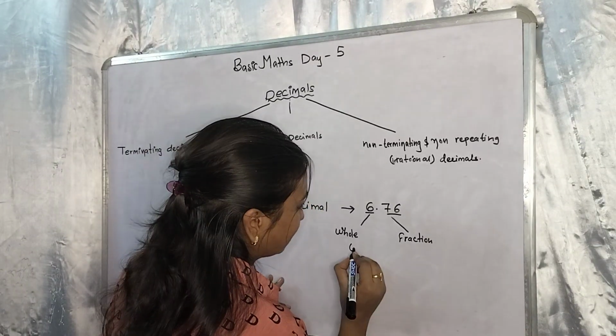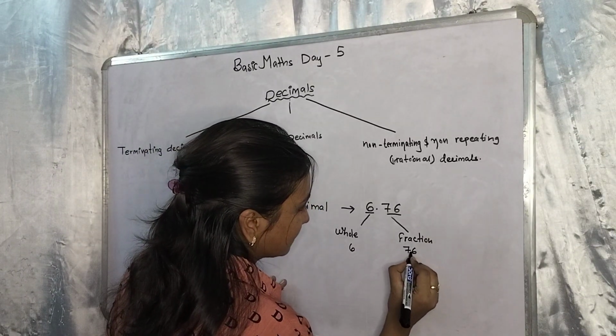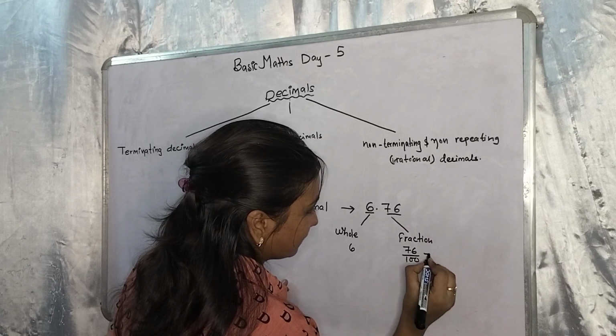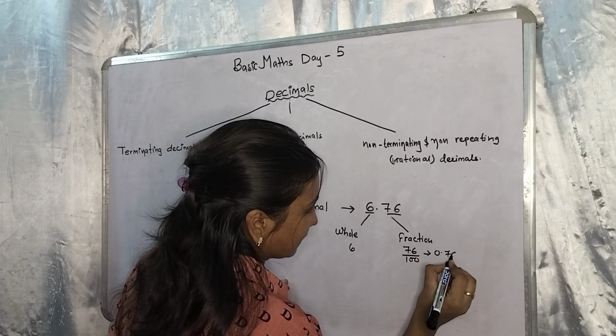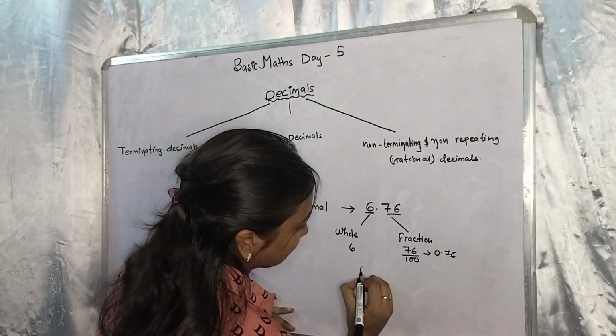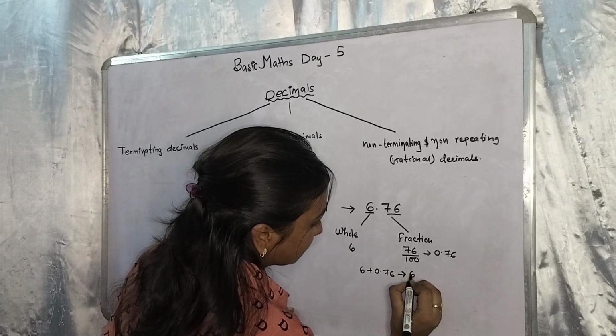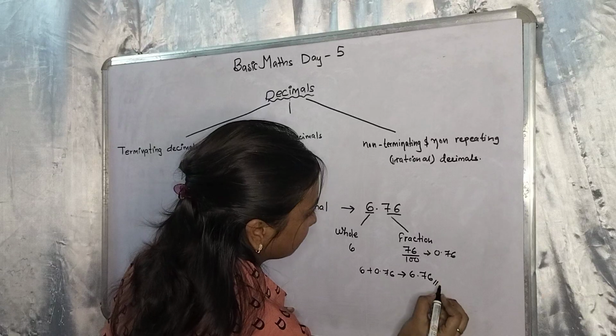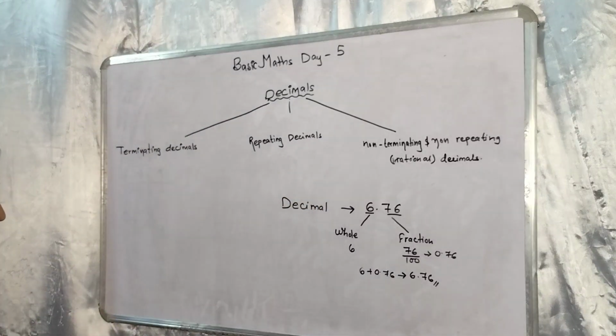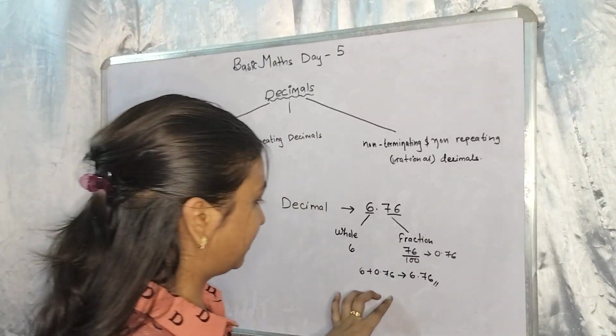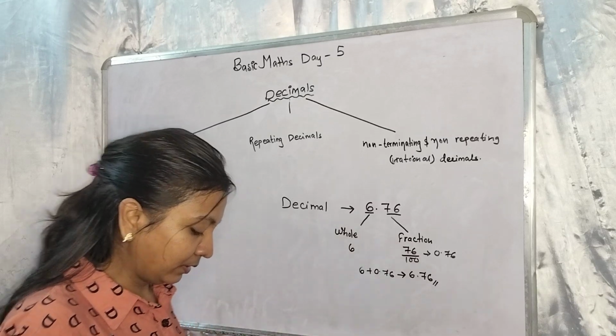This is 6 and this is 76 by 100, which is 0.76. So if you add this up, 6 plus 0.76 will give you 6.76. So this is a decimal.